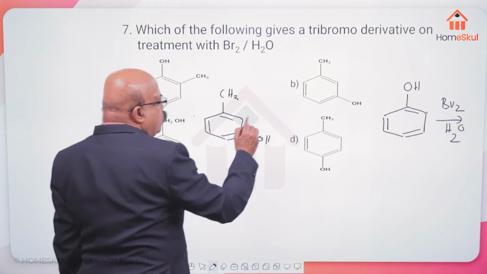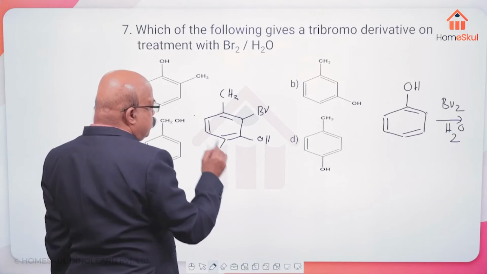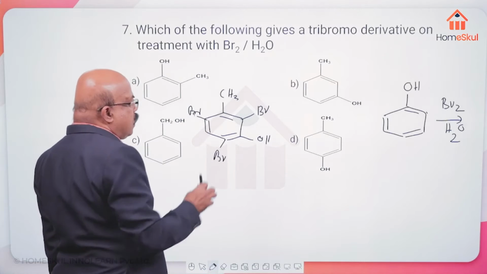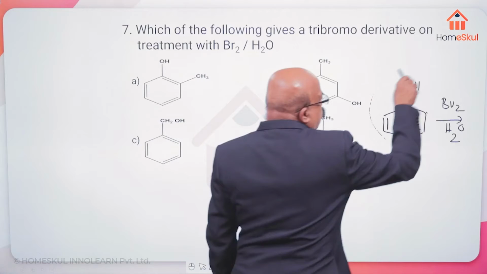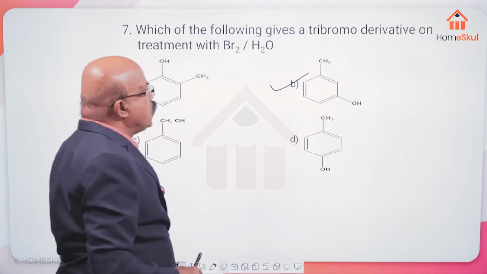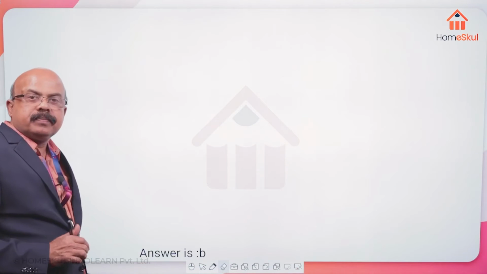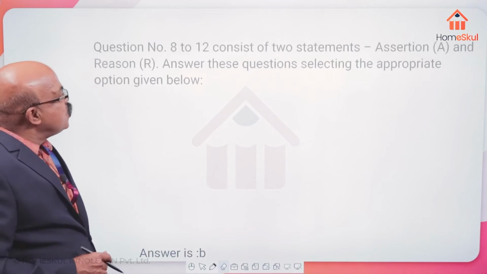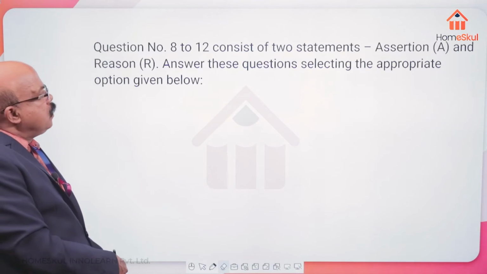So this can produce a tribromo derivative. So the tribromo derivative can be given by this one, and the answer of this question is option B.